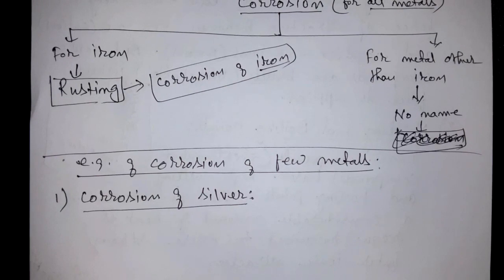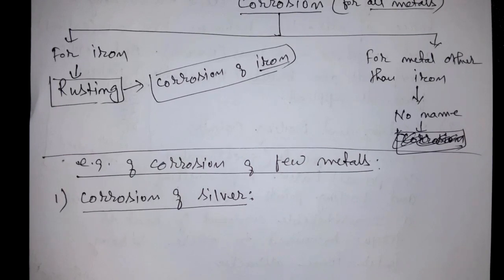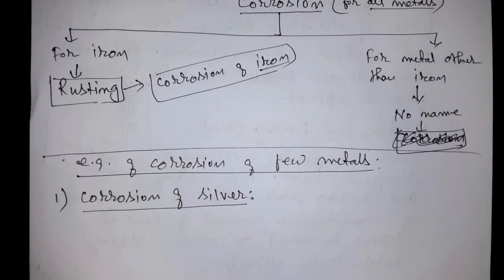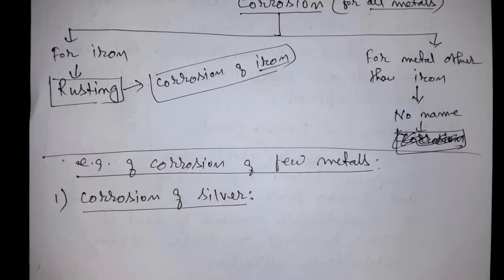But after using for some time, silver metal starts turning a little blackish. So what is the reason? Because silver will react with the sulfur in the atmosphere and become a compound called silver sulfide, which is black in color. That's why it gives a blackish look. The reaction is not in the textbook, but we can just write it if you have to practice.